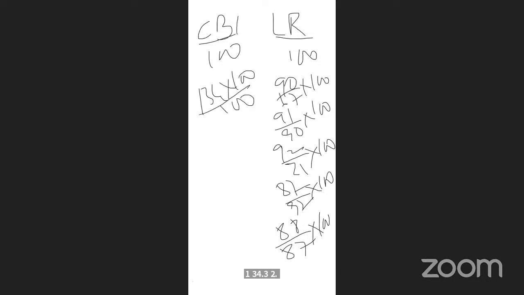The next, what is the value you got? 91 divided by 90 into 100, 101.1. 101 into, what value you got here? 134 into 100. This is 134, right? 134 divided by 100.